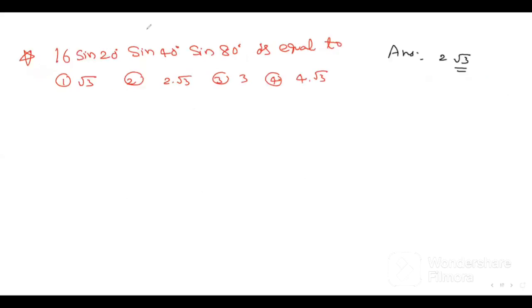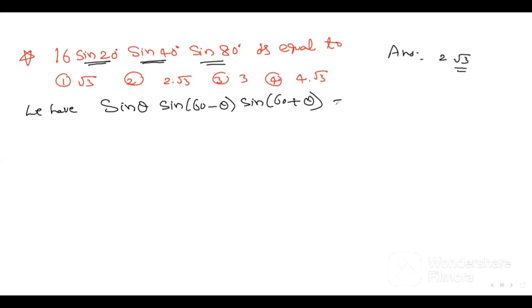Okay, now explain next question. Here 16 sine 20 degrees, sine 40, sine 80. So we have one formula. Sine theta into sine 60 minus theta into sine 60 plus theta is equal to sine 3 theta by 4.